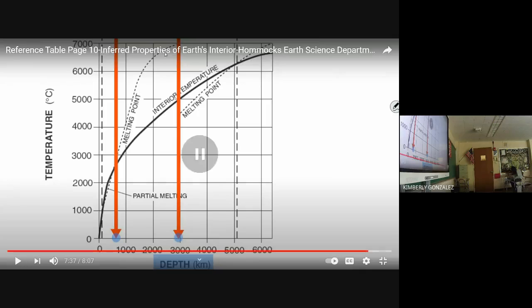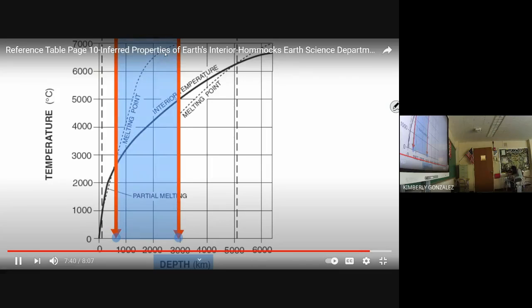There's your asthenosphere. Your stiffer mantle will begin at about 800 kilometers and extend to about 2,900 kilometers. It's always going to start where the other one ended.